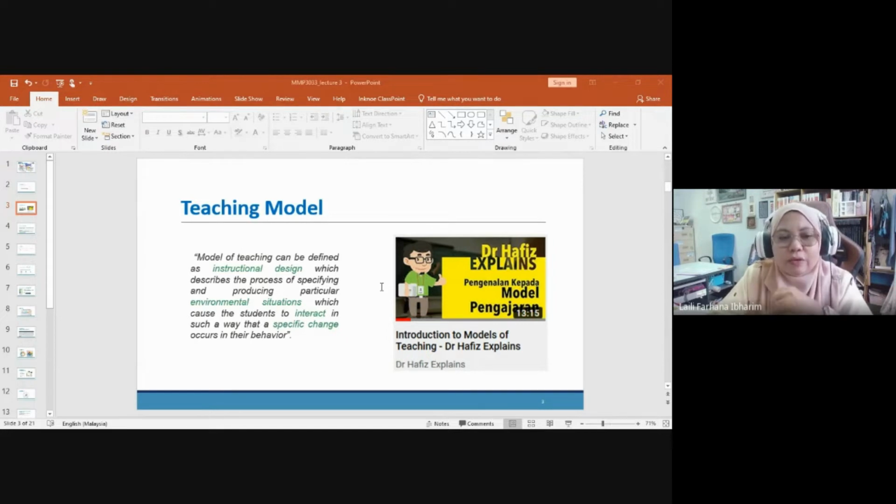Okay, here we can say that the model of teaching can be defined as instructional design, which describes the process of specifying and producing a particular environmental situation. That is what I mean by an active teaching and learning environment, which causes the students to interact in such a way that a specific change occurs in their behavior.